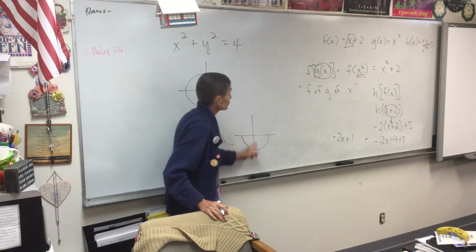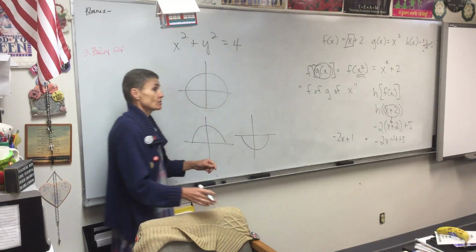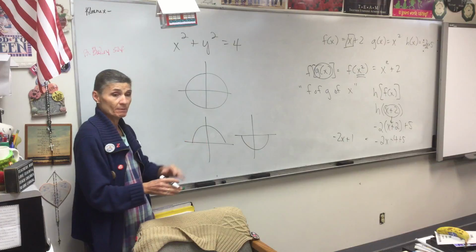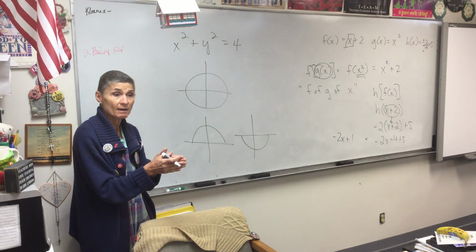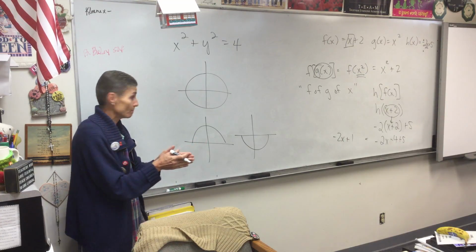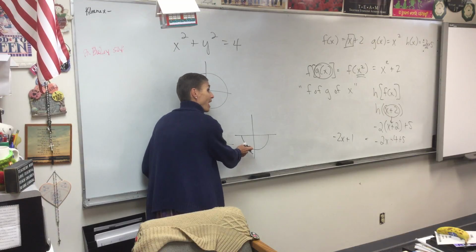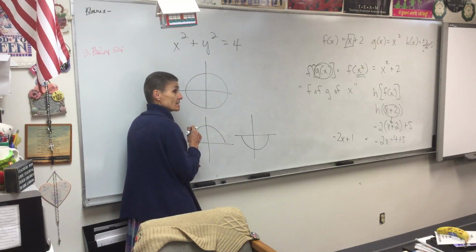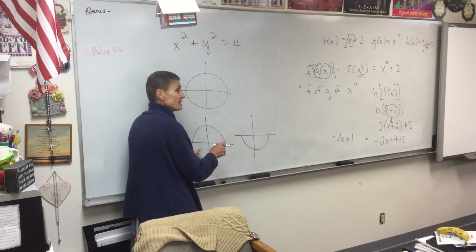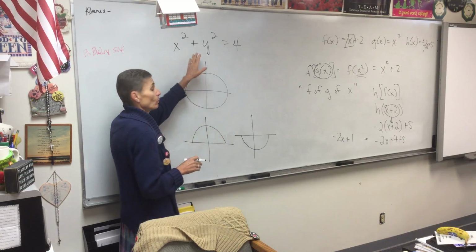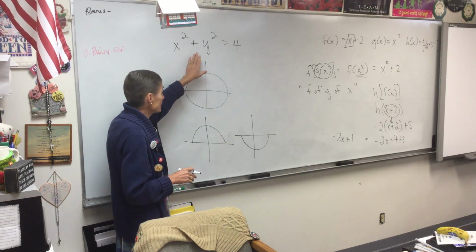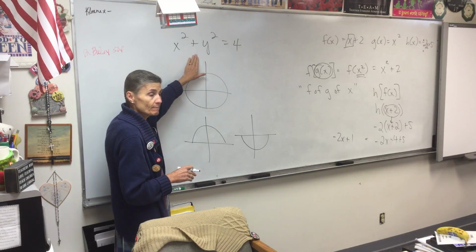Is the bottom half a function? Yeah. So if I graph the top half and the bottom half together at the same time, I'd get my circle. These are the implied or implicit functions. To find them, it is so easy. Get y by itself. Just solve for y.